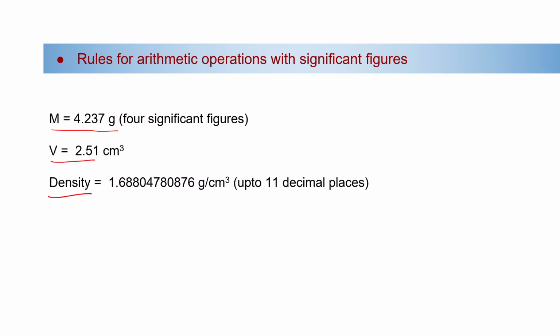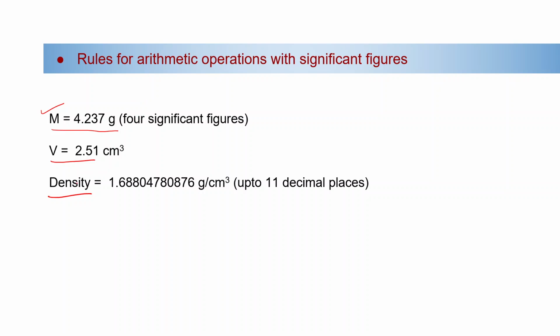Volume is given up to two decimal digits. Maybe for the weighing balance that we used, its resolution was up to 3 decimal digits. For measuring volume, we used some equipment whose resolution was up to only the second decimal digit. So that's why, being different instruments, their resolution or least count will be different.